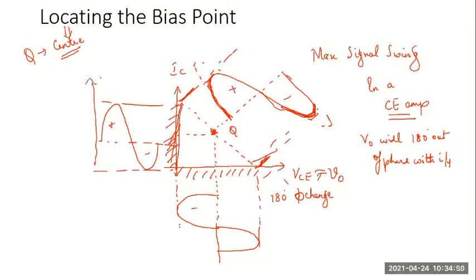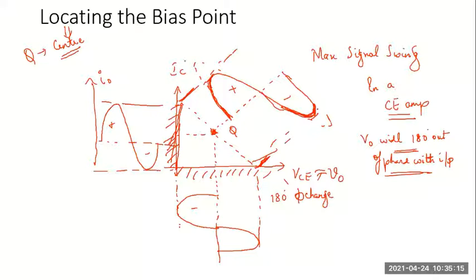Here IC is similar to I0, output current. Input current and output current, and input voltage will be in phase, but input voltage and output voltage will be out of phase. Please remember this, and why it will be out of phase. Maybe you can try to reason out, or I'll tell you.